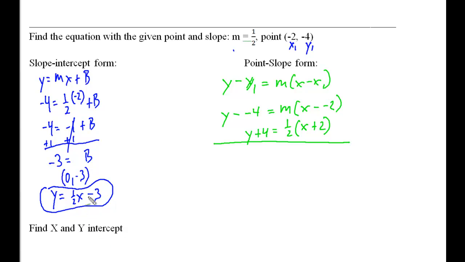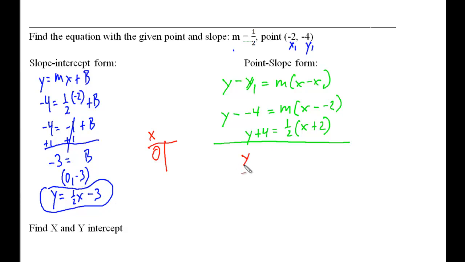Now it's true I already know my y-intercept, but if you weren't doing the slope-intercept form, I would like to show you from start to finish how you'd find the y-intercept. If you plug 0 in for x, this will find your y-intercept, and we know the answer is negative 3.